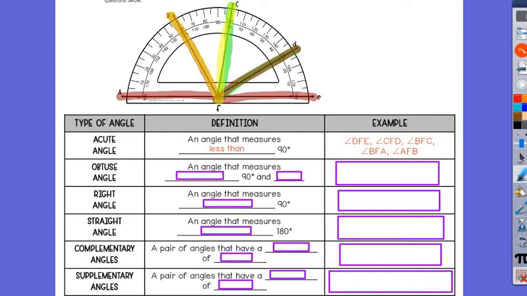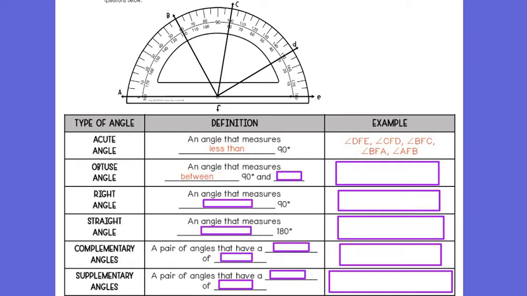Then we have obtuse angles, an angle that measures greater than 90 degrees and less than 180. Actually, it says it's between 90 and 180. 180 forms a what?